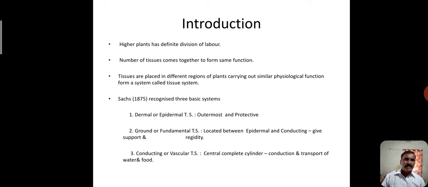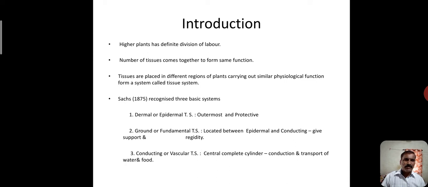Tissues placed in different regions of plants carrying out a similar physiological function form a system called a tissue system. That means here there are different types of tissue, placed in different regions and carrying out a similar physiological function. Sachs in 1875 recognized three basic systems.